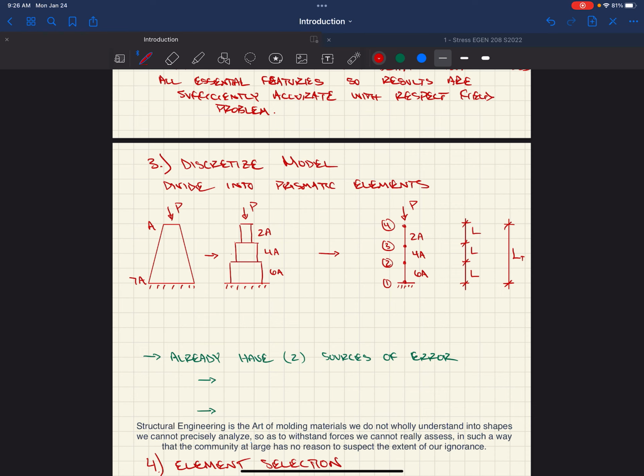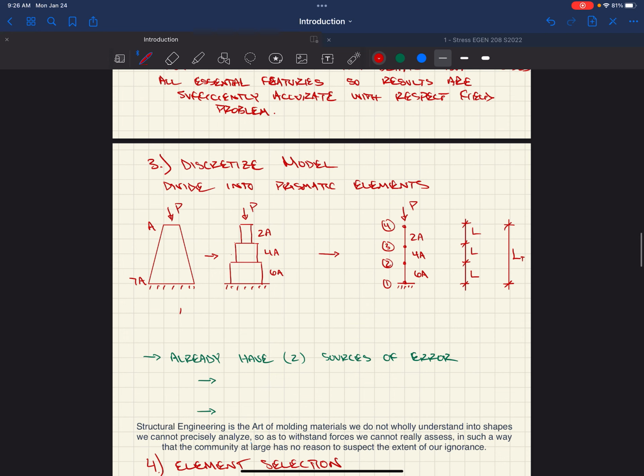We're going to start with an area that's 2 times A, go to 4 times A, and then finally 6 times A. This model can then become just a linear 1D model where we have P at the top, and a series of 3 elements that change in area from 2A to 6A. Each of those elements is a third of the length, having length L, or the total length.